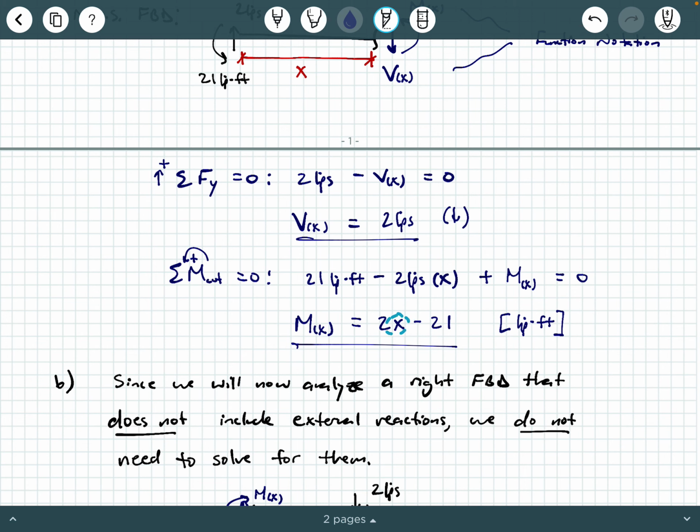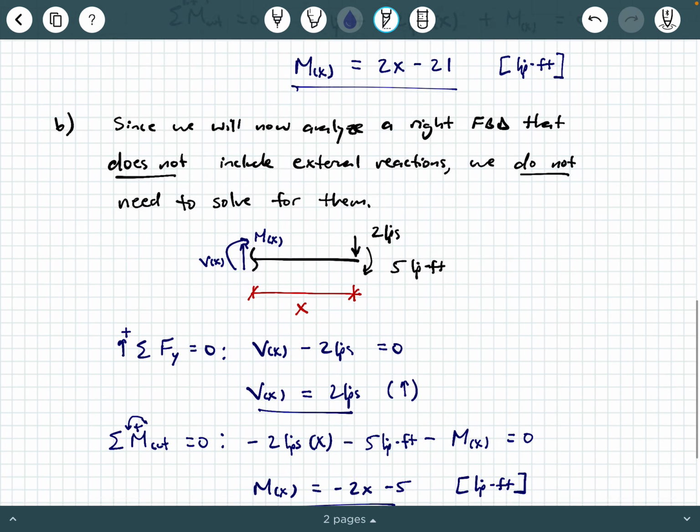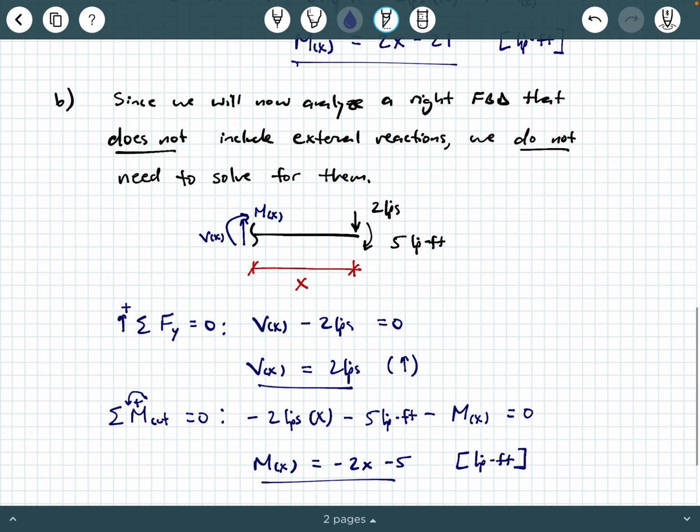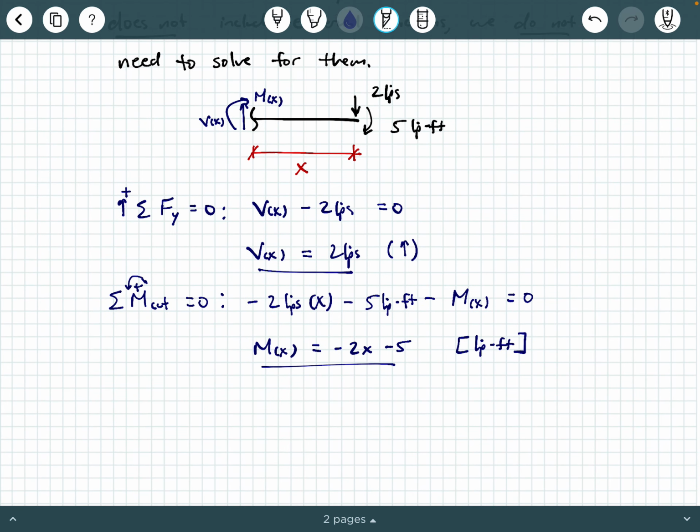If I plug in 8 feet for x, I get 2 kips times 8 feet, which is 16, minus 21, and I get negative 5. Now, at the same point, the free end, in part B, x is 0.